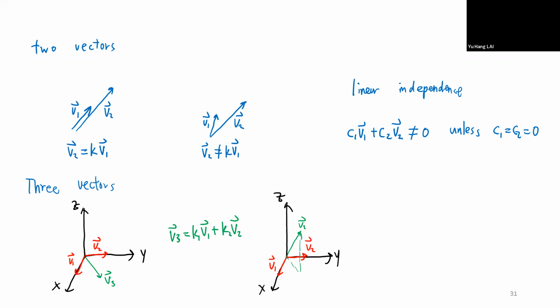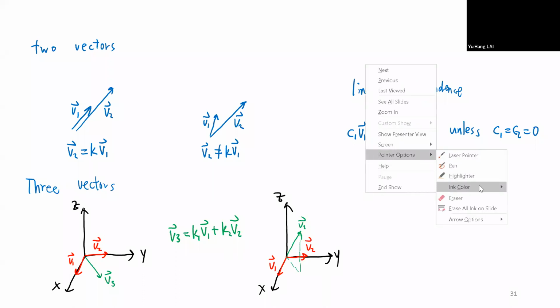So that means in this set of three vectors, if you cannot find at least one vector that can be expressed as a linear combination of the other two, then we'll say that these three vectors are linearly independent. And mathematically, the statement is the following.